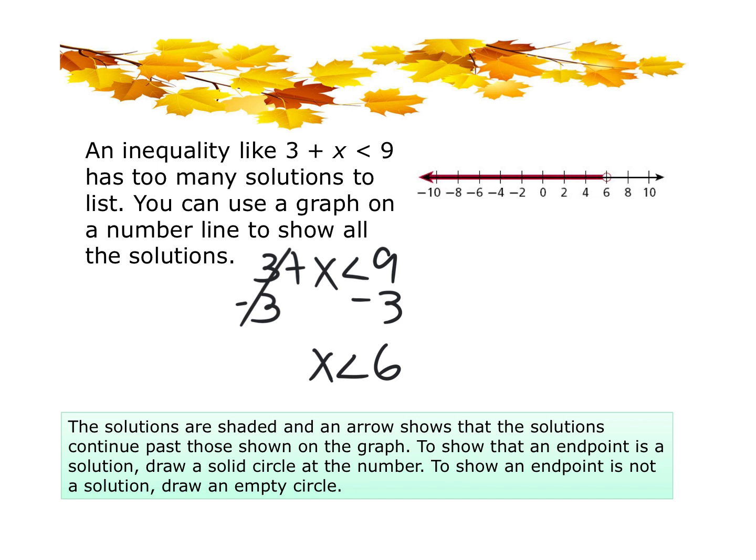Now, I want to point something out. If you have a less than or a greater than, it's going to be an open circle. If you have a less than or equal to or greater than or equal to, it's going to be a closed circle. Just as a tip, if you leave the variable on the left side of the inequality, just like we have here, you'll be able to draw on the number line the exact same way the inequality is looking.